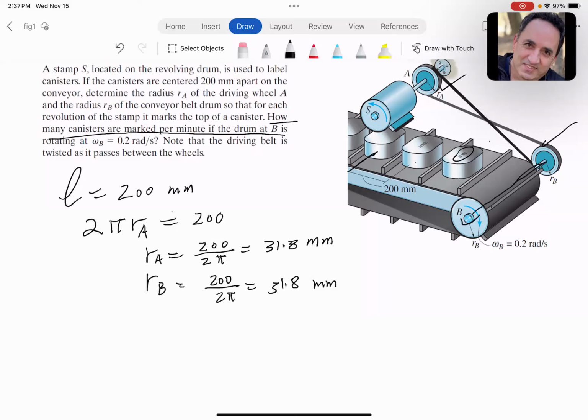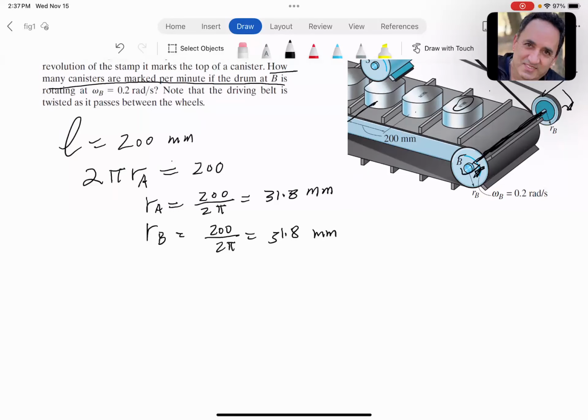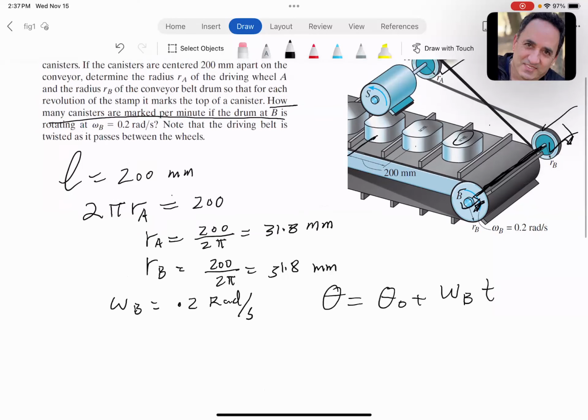There is a shaft here that is connecting the motion, and it gives you the same motion for the wheel B. So the question is, if omega B is 0.2 radians per second, and this is a constant angular speed, I can calculate how many radians wheel B is going to rotate.